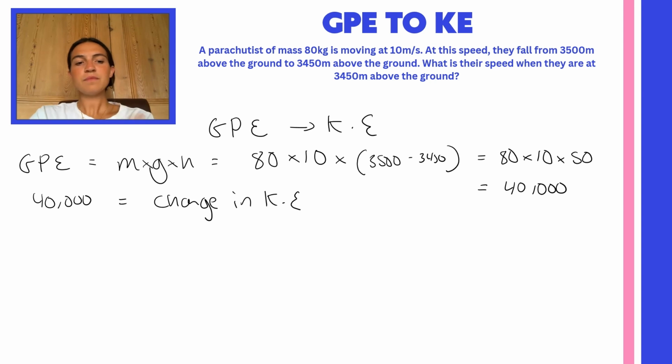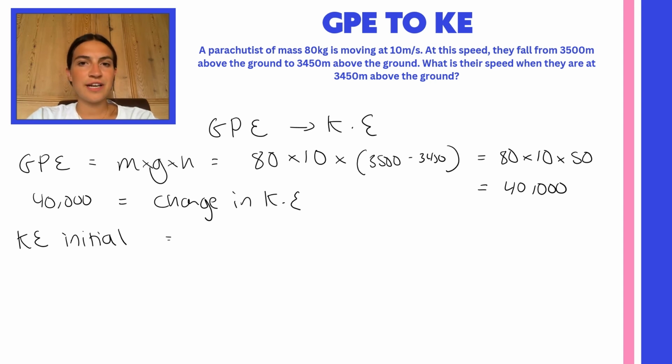So that 40,000 joules that I've lost of gravitational potential energy is going to go into this object's kinetic energy. So I need to first work out what was this object's initial kinetic energy.